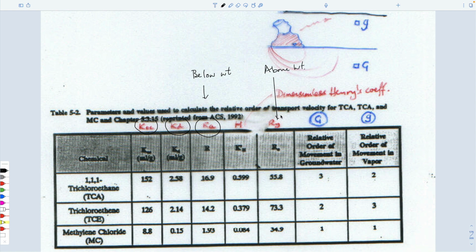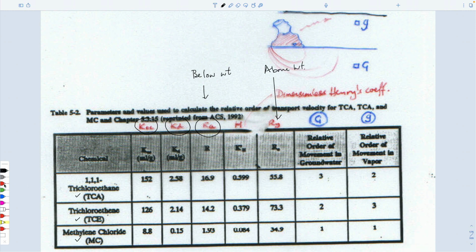And I guess all this does is calculate, from these and from the Henry's law coefficients for each of these 3 compounds, TCA, TCE, and methyl chloride, what the magnitudes of the retardation would be. And they come out to be 1.9, 14.2, and 16.9 below the water table. And they come out slightly different above, where this is the smallest one: 34, 55, and 73.